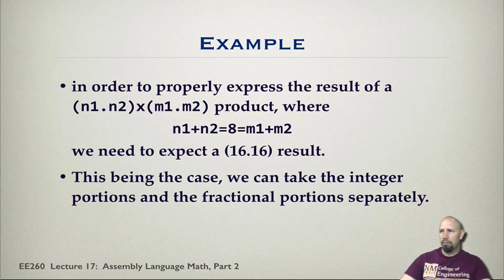So we need to expect that the overall result of a product like this is going to take 16 bits, 32 bits. Okay, so that's the result that's going to be required when you multiply a general number like this. When I multiply two fixed point numbers, in general, I need to expect 16 bits to the left, 16 bits to the right. Now, many of these bits, especially the leading bits, may be 0, and the bits at the end may be all 0, but I can expect that.